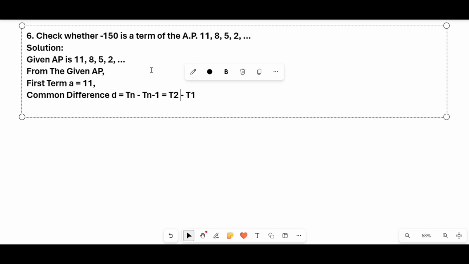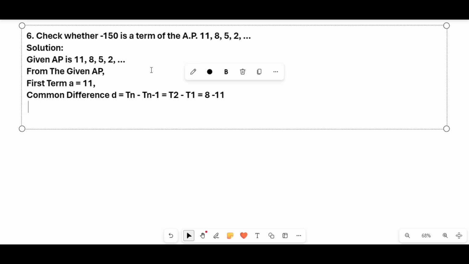So we can put the value: t2 is equal to 8 minus 11 is equal to minus 5. So d is equal to minus 5.